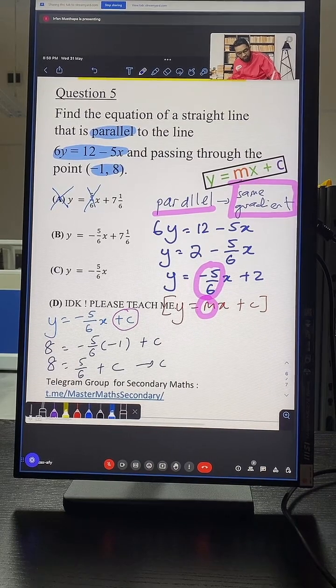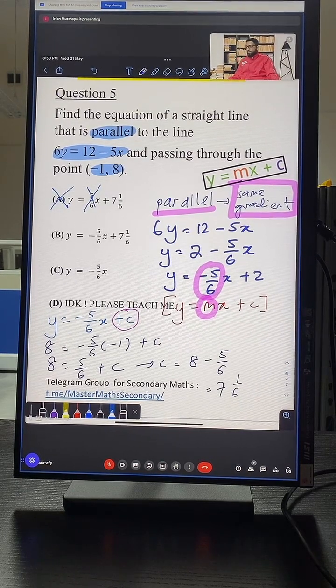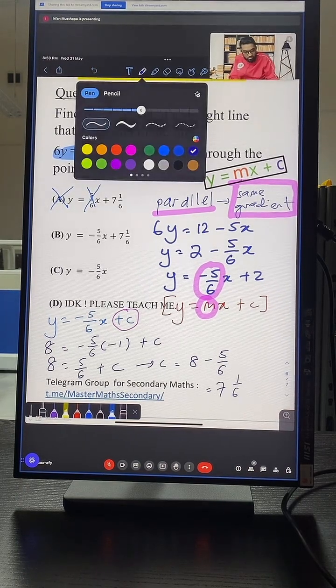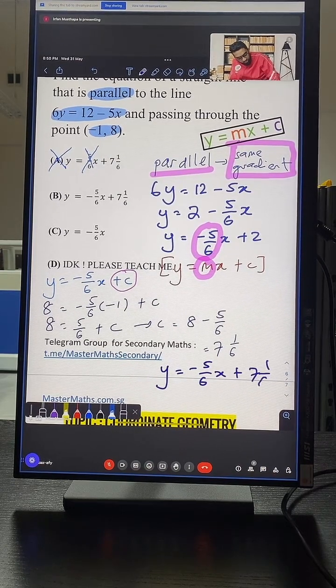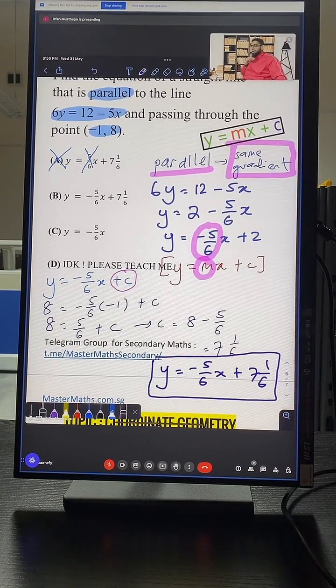And c is just 8 minus 5 over 6, which is 7 whole 1 over 6. So the equation that we have right now is y equals negative 5 over 6x plus 7 whole 1 over 6.